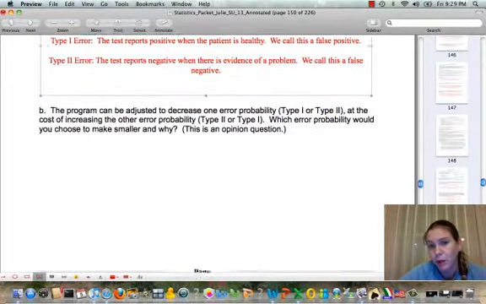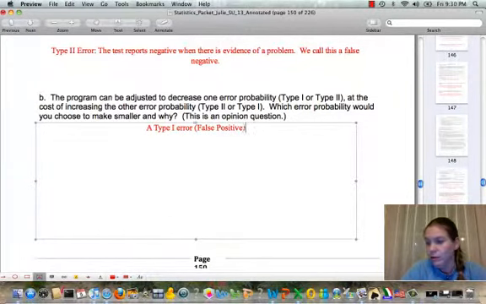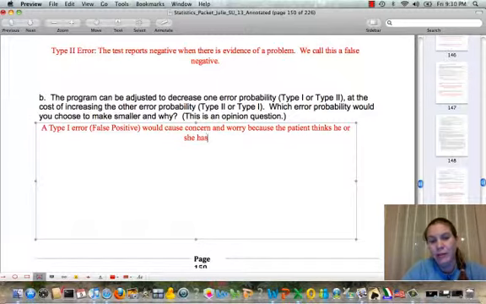A type 1 error, false positive, would cause concern and worry because the patient thinks he or she has evidence of a medical problem, but is really healthy.